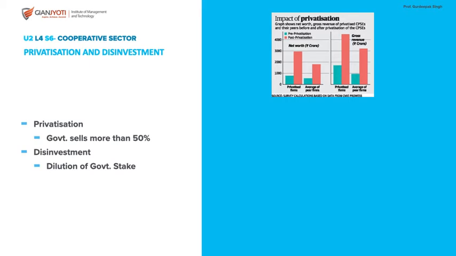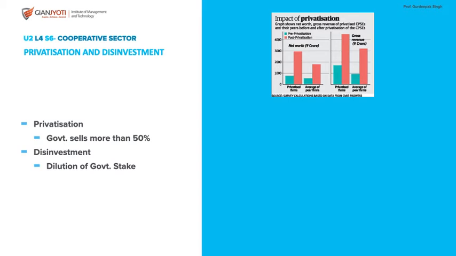In this diagram, the green bars are before the privatization, and the pink bars are after the privatization. If we look at the net worth, it has gone to around 3,000 crores.